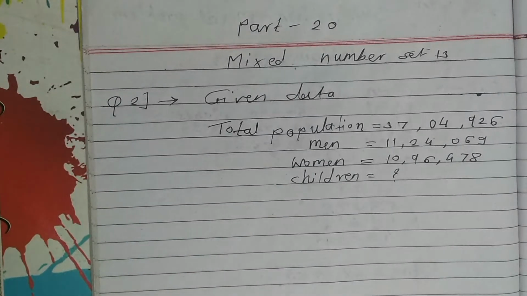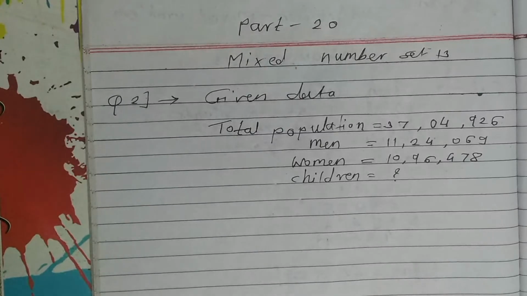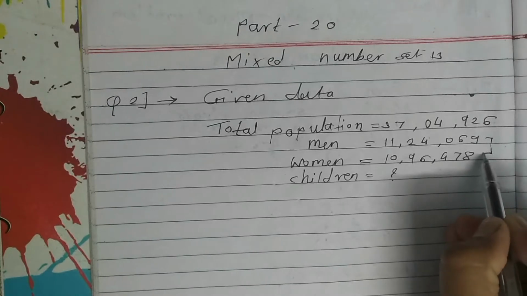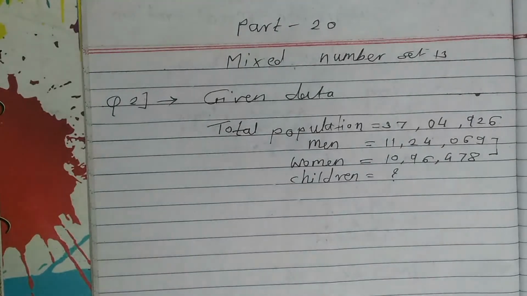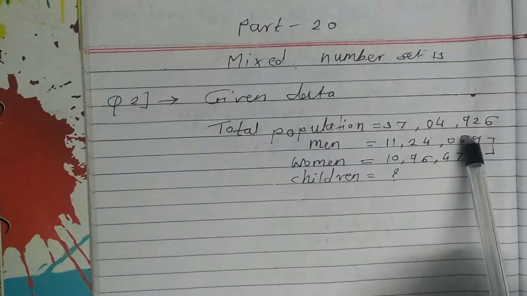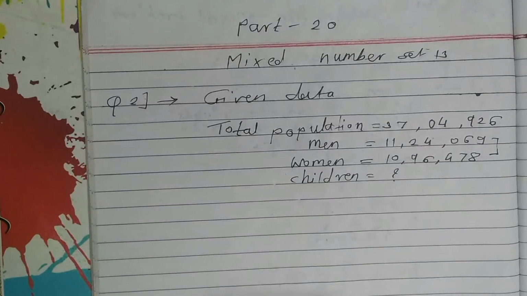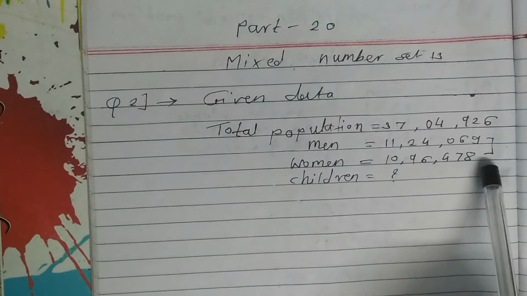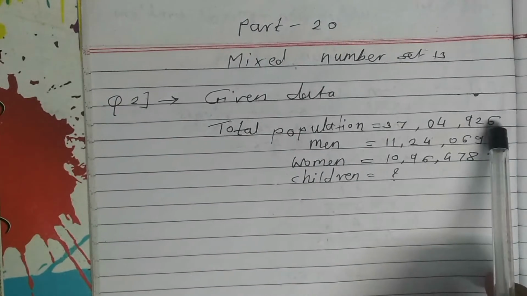So a very simple solution for this student. Two actions as usual in mixed number we have to do. One is addition and one is subtraction. So first we will add men and women to each other. We'll do addition of these two. How many men, how many women? Total we'll do addition in the first step. That answer we subtract from total population.